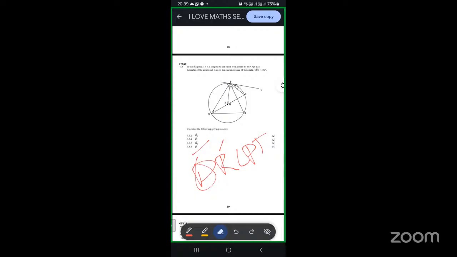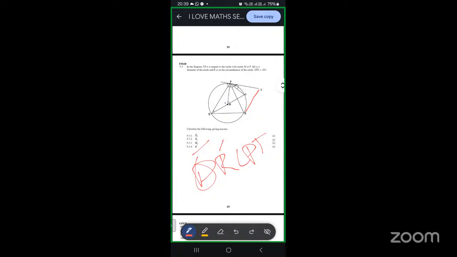So if we were to construct RT, like join them, wouldn't it make PTQR a cyclic quad? If you join this one, yes. Conditionally, it would. On this condition. So, does it make sense?